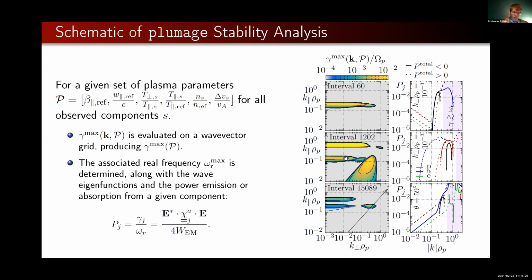We can then pick out what the fastest growing mode is, and in doing so, also determine all of the eigenfunctions associated with that mode, including how much power is being absorbed or emitted by each of the components. So we can actually dive down and say, well, this particular instability is being driven by the alpha beam, and the proton core is trying to stay stable. That's a general description of the method.